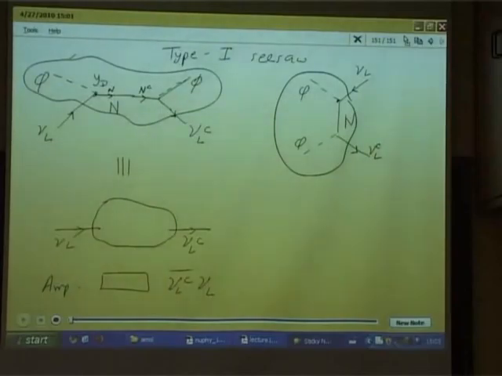We can see what the induced mass is. So this is YD. So what is the induced mass? There is this YD. Then this propagator is 1 by p slash minus MN. And then this vertex is again equal to YD.